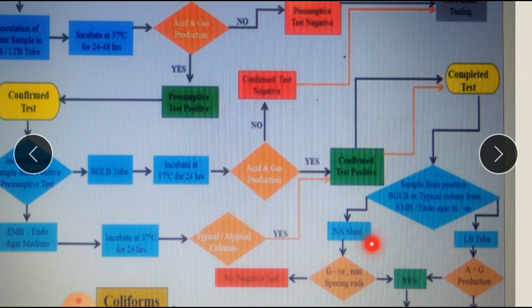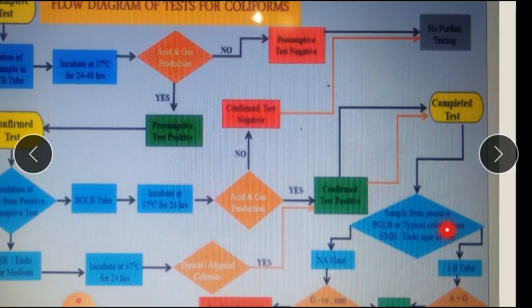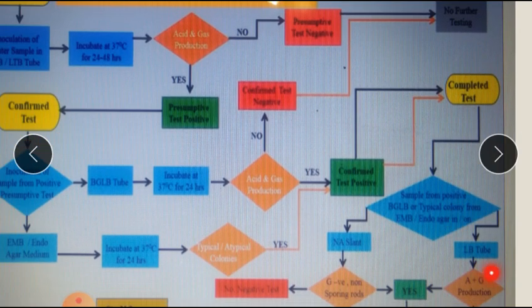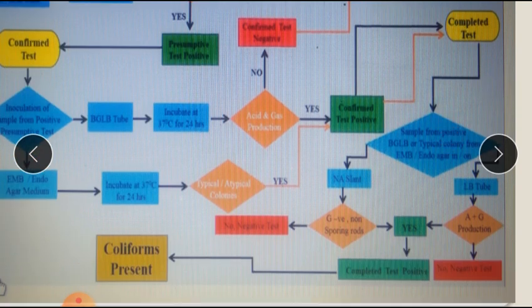Now the nutrient agar slant, after incubation, shows typical colony; perform the gram staining. If not gram negative non-sporing rods, then it is a negative test, means no further test is performed. If there is acid and gas production, then the completed test is positive.